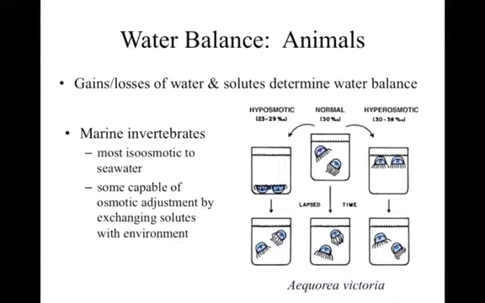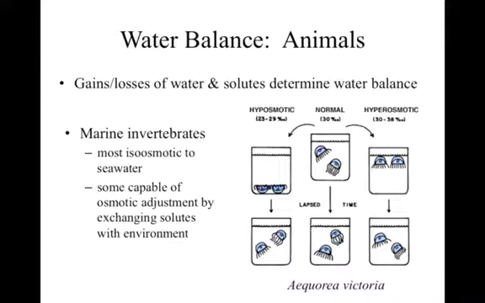They've adjusted to that by altering the amount of solute in their body to make their bodies match their environment. If you put them in and they are isoosmotic with the environment, then they'll just always float.